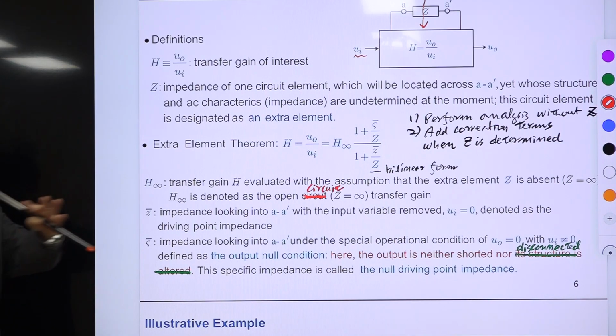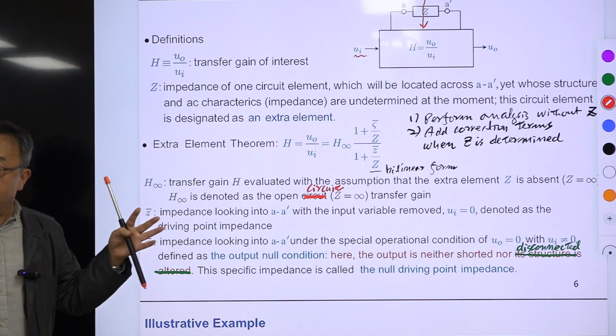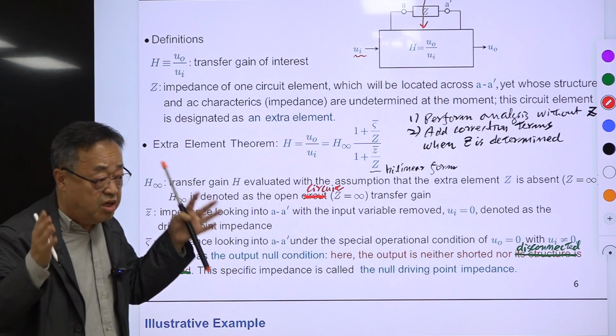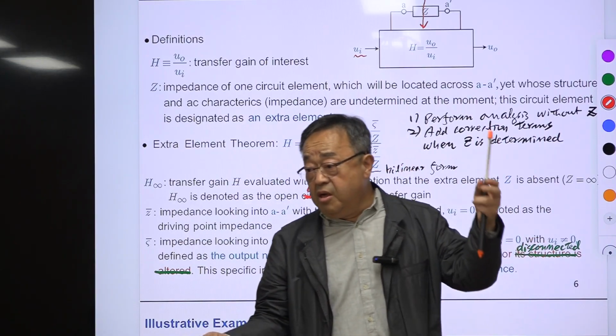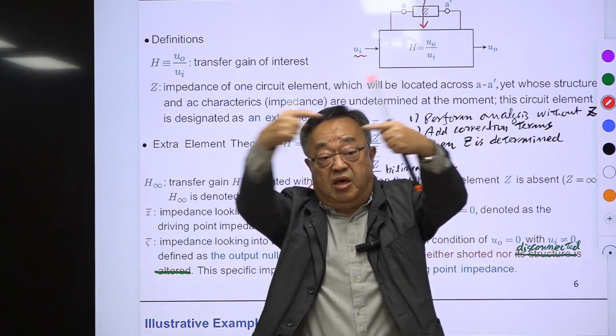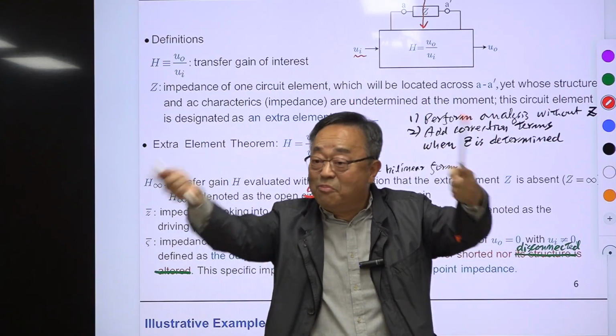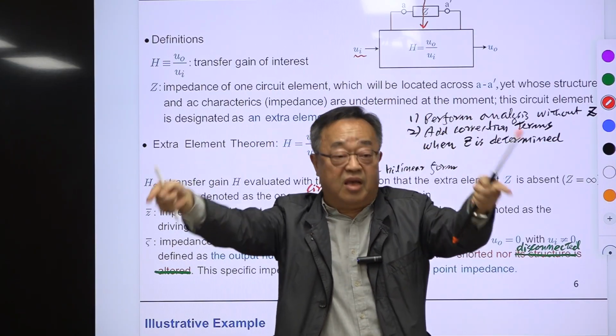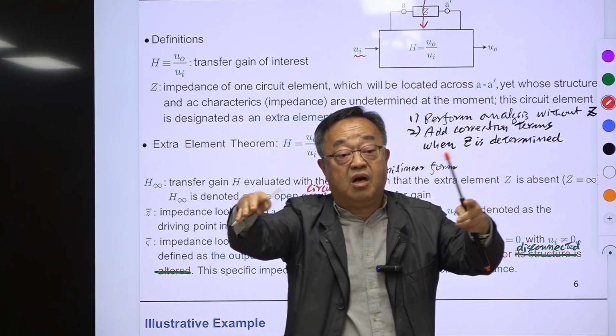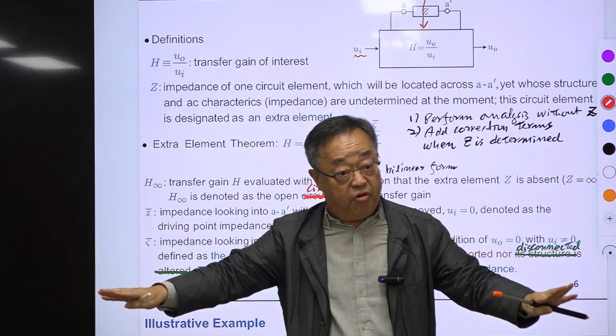Suppose you have a very complicated circuit, so it's not easy to calculate the transfer function of something. A typical example is when something is connected between input and output directly. That is a problem, right? Then you assume this is what? An extra element. Then this loop is gone, and everything becomes straightforward.